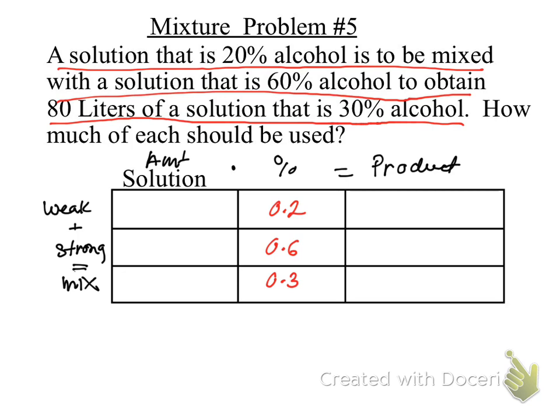Nicole, where does the 80 liters go? Good. First column, second column. Yep. That 80 goes there. So what am I calling the weak one? So if that's X, what's the middle one? Perfect.